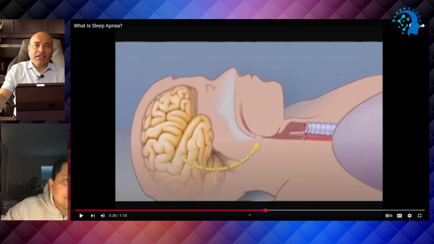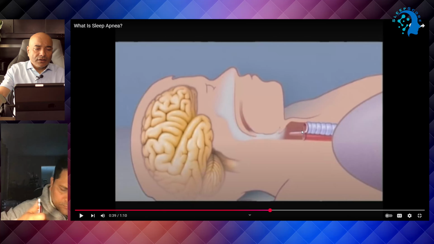The brain cannot send the order. That's why if somebody is holding the breath, he will keep holding. And that problem is called central apnea. Central apnea because of brain, because the brain forgets to tell our body to breathe. So that kind of problem is called central apnea.